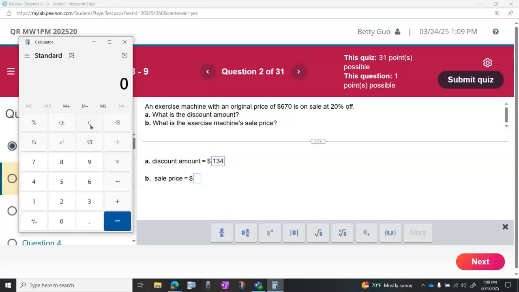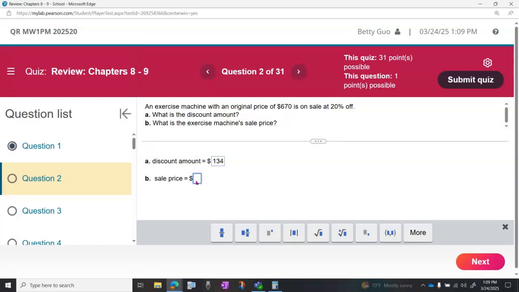So the actual selling price is going to be the difference of the original price and the discount. We use the original price 670 minus the discount amount, the money you saved, $134. The difference is $536.